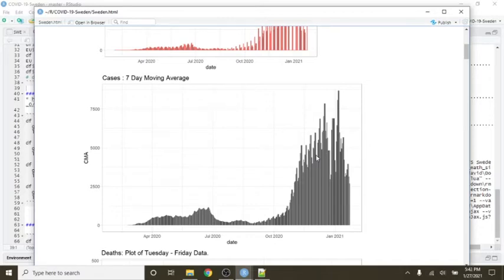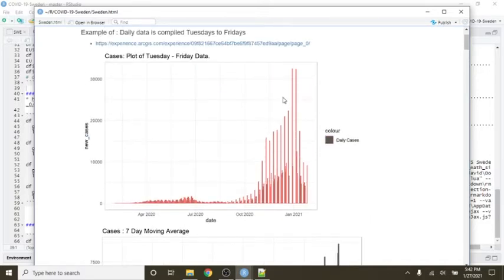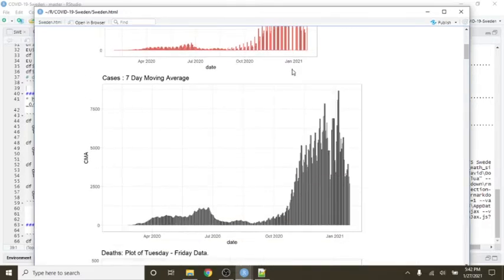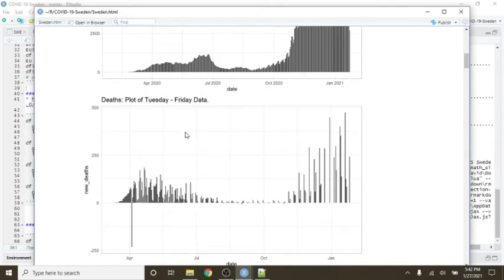It's a moving average, so each point is the average for the previous 7 days. You can see it's 7,800 cases for a single day back here, but up here, that number is over 30,000. All right, so that's a problem.